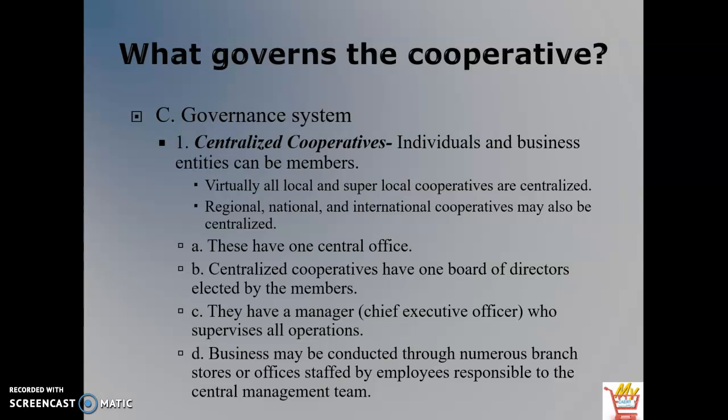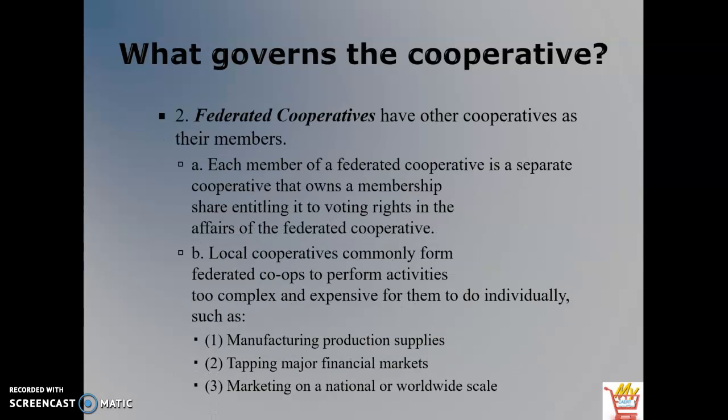There's basically two types of cooperatives in terms of their governance system. We have centralized cooperatives where individuals and business entities can be members. So centralized cooperatives have one board of directors, and business can be conducted through numerous branches or stores. Then you have federated cooperatives. In a federated cooperative, each member of a cooperative basically owns a membership share, entitling it to voting rights in the affairs of the cooperative.